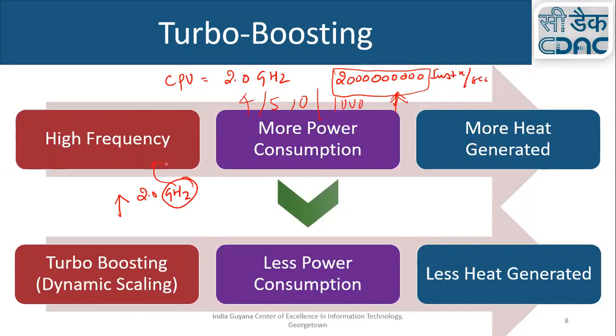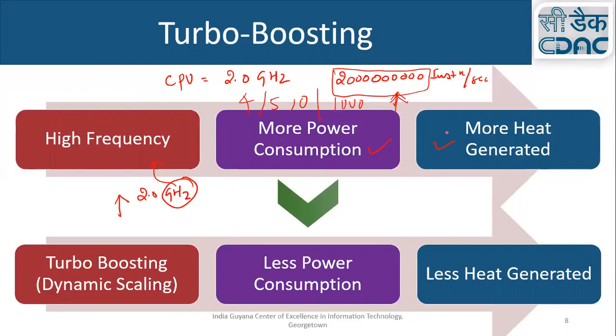If the frequency is always high, then it consumes more power, and it also generates more heat. So the solution comes in the form of turbo boosting. That is, when you need more speed, the frequency increases. Otherwise, the frequency goes down.